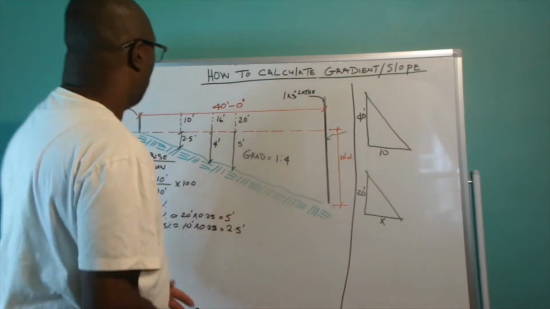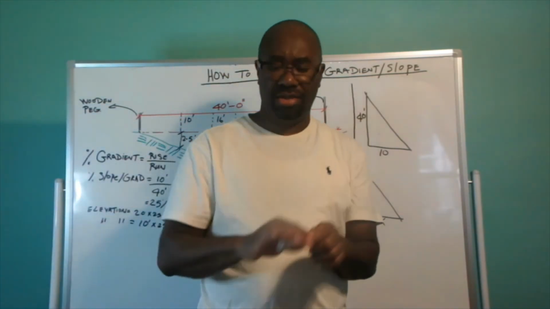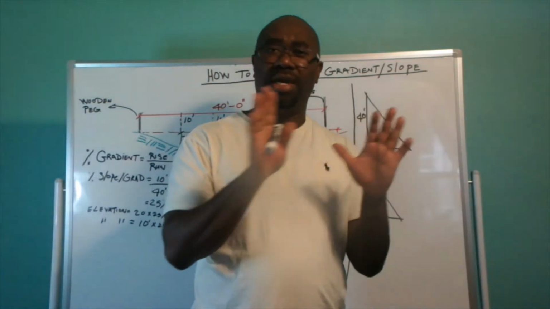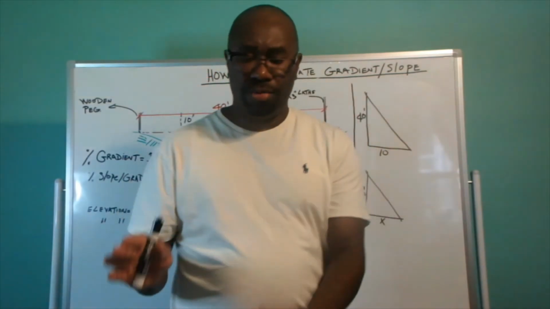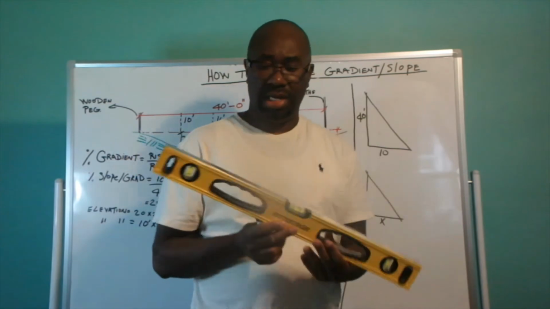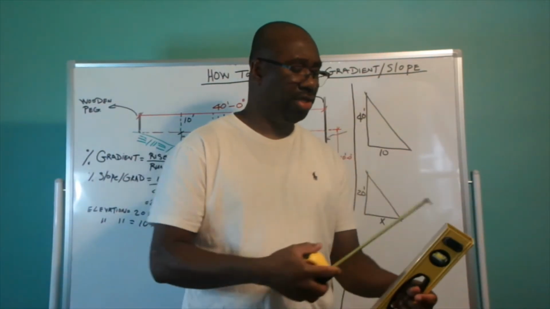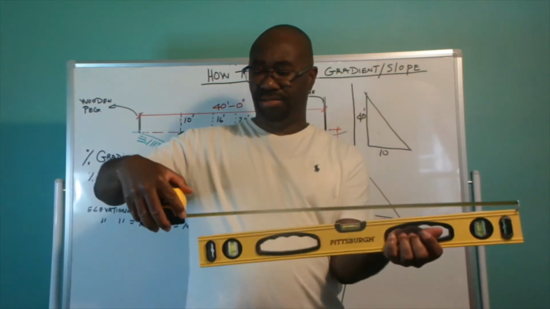And there's also another alternate method how you can calculate the slope of your land. This is a level, and when you measure this level, it measures, I think, 2 feet, right? This measures 2 feet.